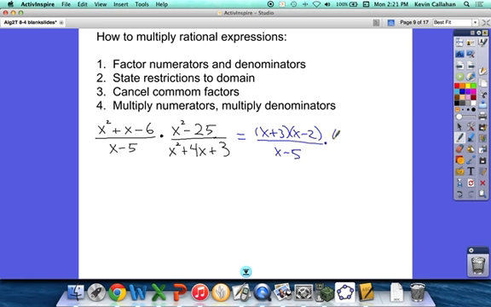Yeah. And how about x squared plus 4x plus 3? 6. x plus 3 times x plus 1.